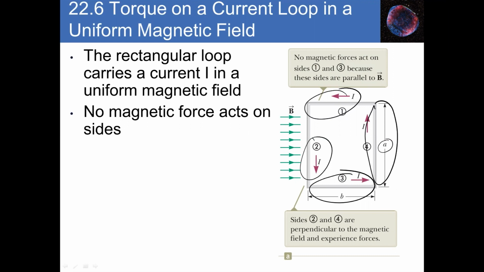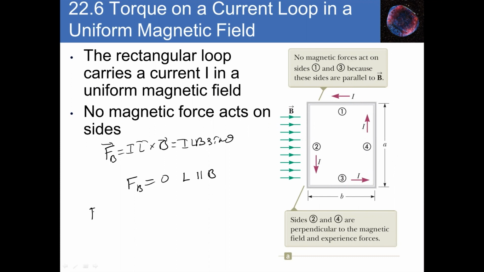Because some of the segments will have no force acting on them. Remember, you can consider each as a straight wire, so the magnetic force is I L cross B, or I L B sine of theta. And remember, F_B is always 0 when L is parallel to B. So I have the force for segment 1 plus the force for segment 2 plus segment 3 plus segment 4.